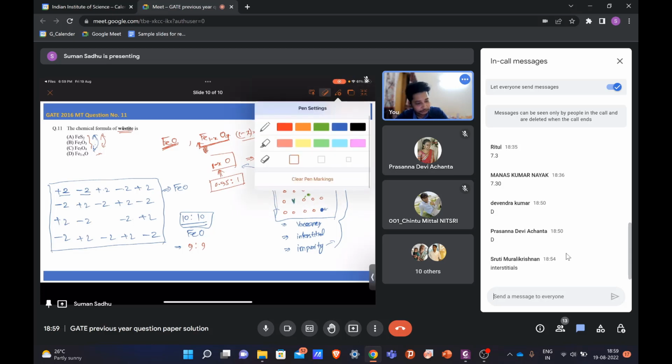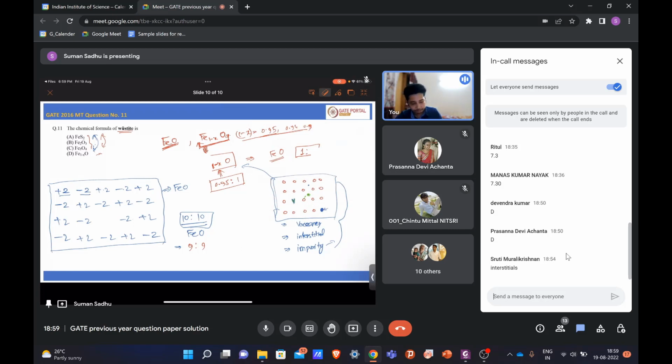If you have removed one iron, you have plus 2 charge missing from the system, so it is no more charge neutral. You have extra negative charge there, extra 2 negative charges.